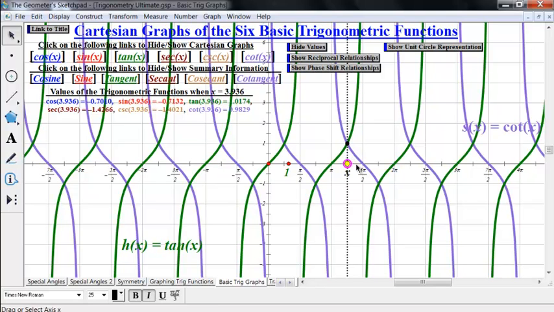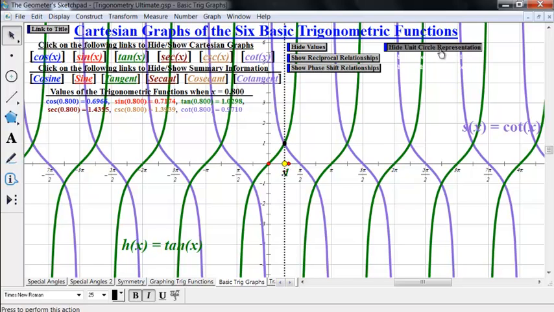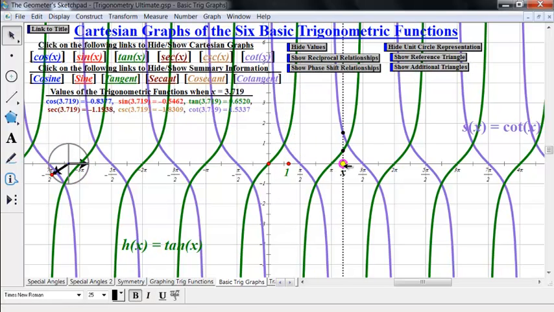The output value of 1 is when we have basically an isosceles reference triangle. And if we look at the unit circle, that's at pi over 4, 45 degrees. And then again over here at 3 pi over 4, and then 5 pi over 4 is right here.